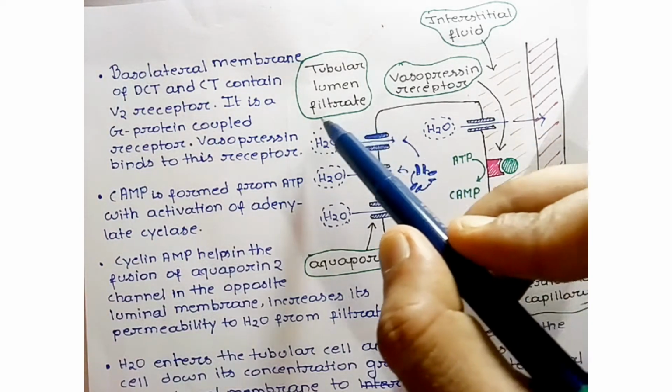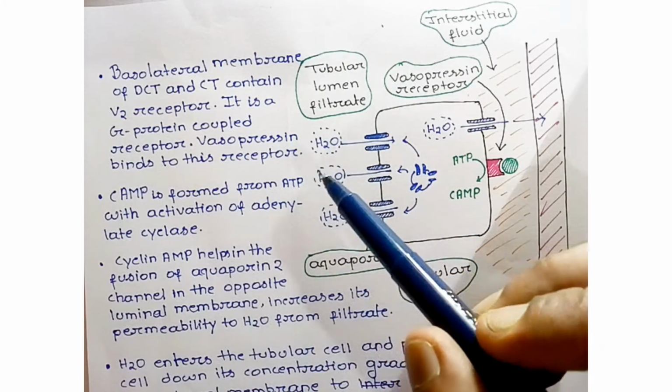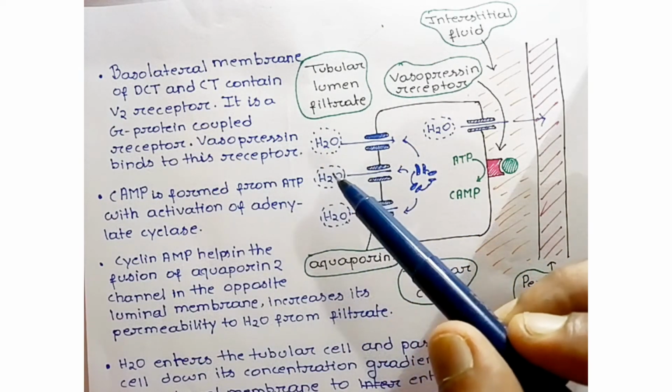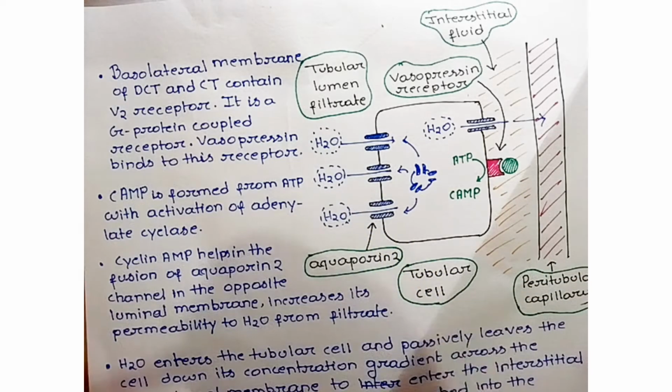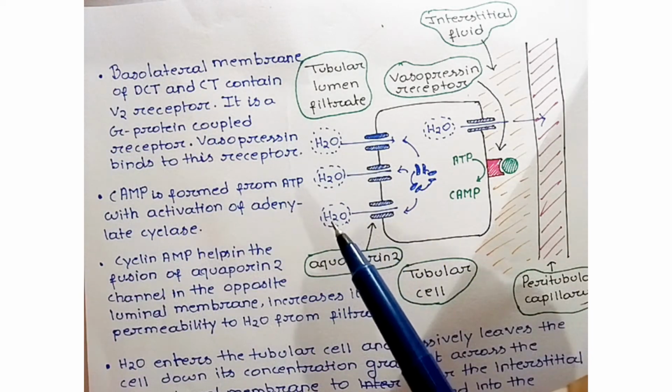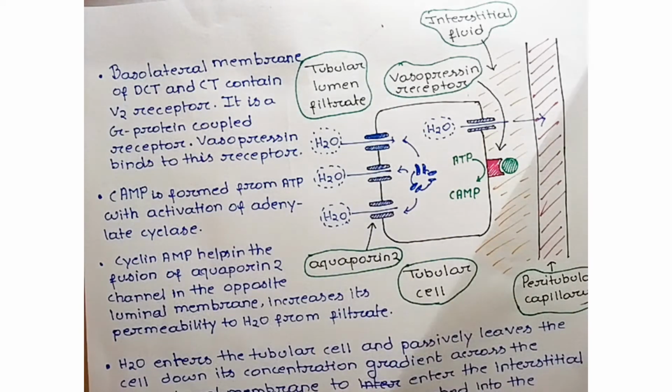On the other hand, the filtrate osmolarity is 100 milliosmoles per liter. So water moves down its concentration gradient from the filtrate to the interstitial fluid and is ultimately reabsorbed into the peritubular capillaries.